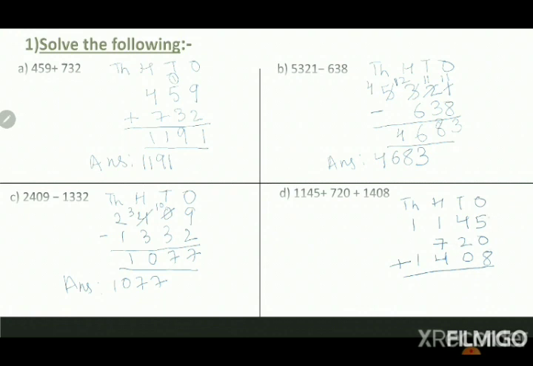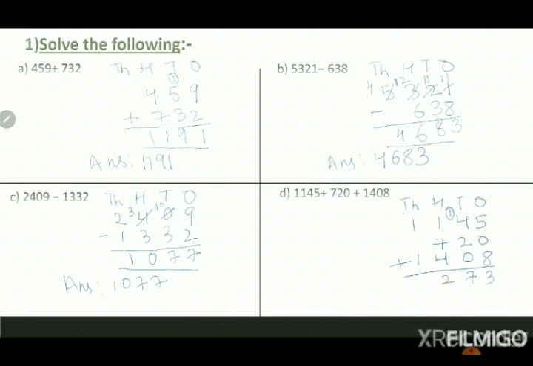So let's start adding from the ones column. 5 plus 8 is 13. So 3 and 1 will go up. Now 4 plus 2 is 6 plus 1 is 7. Okay, sorry. Then in the hundreds place, 7 plus 1 is 8. 8 plus 4 is 12.